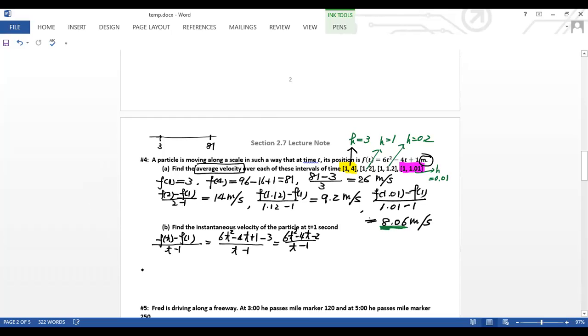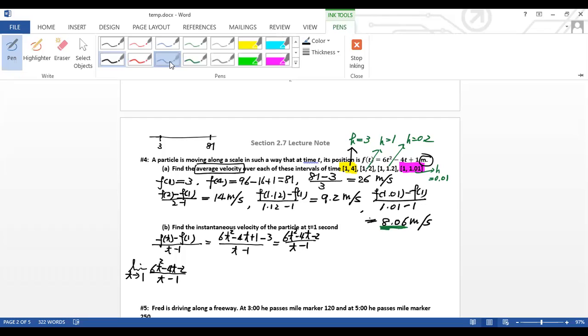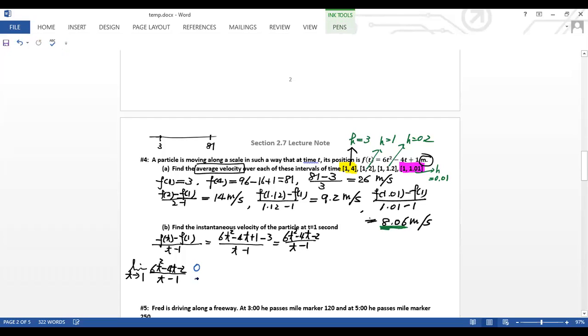Okay, so now when t gets closer and closer to 1, let's see what happens. This is 6t squared minus 4t minus 2 over t minus 1. Oh boy, if you put t equal to 1, you get 0 over 0, right? So we learned from previous lessons, what can you do? Let's factor.